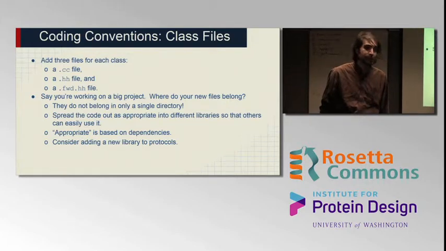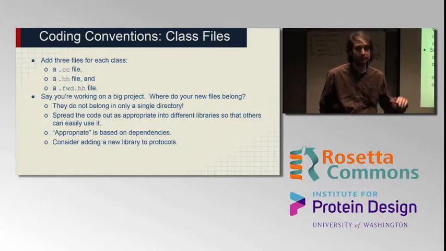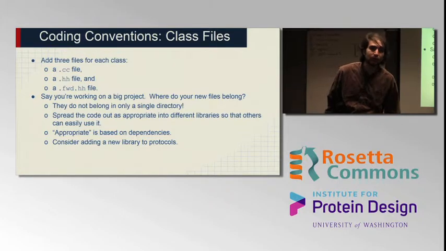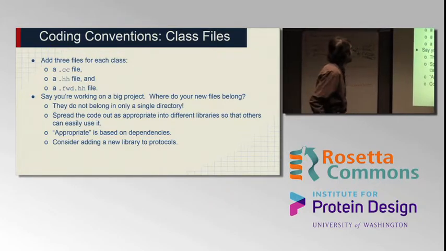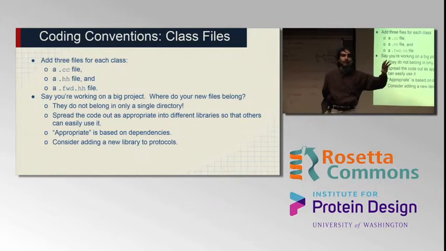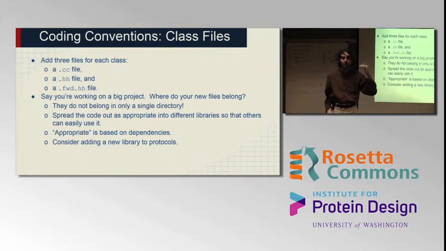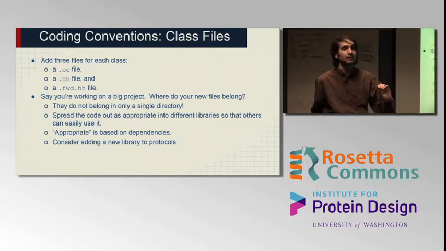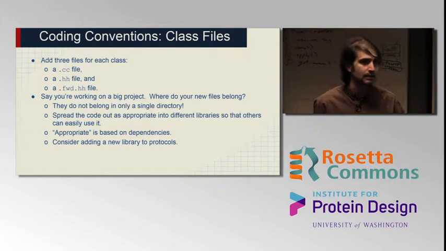Each class should be in a separate file, and each class should have a header file, a CC file that actually implements all its methods, and a forward declaration, forward.hh. Forward.hh should just contain class whatever. It should have no information about what's in that class, and it should contain typedefs declaring the owning pointers for that class.